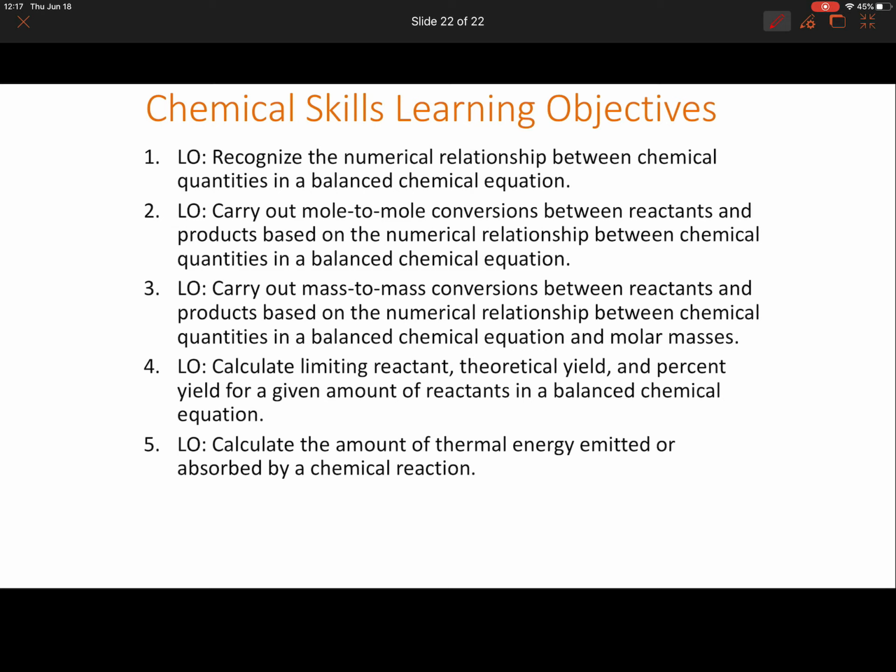Actual yield is just how much we actually produce or obtain, and percent yield is the actual over the theoretical times 100. We looked at reaction enthalpy, heat released, exothermic, heat absorbed, endothermic, and how to relate those enthalpy values to a typical problem.